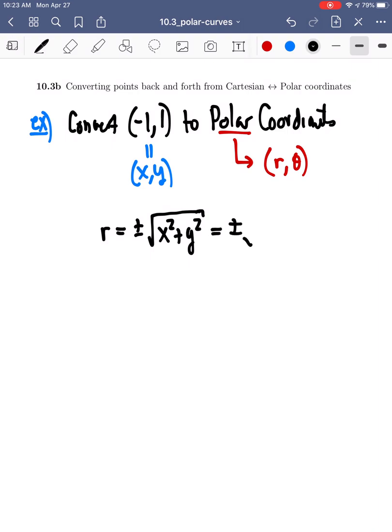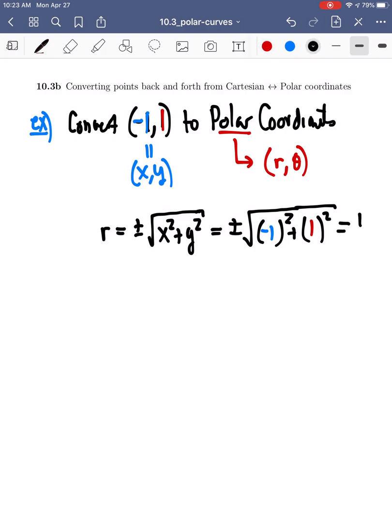So let's just plug in what we know for x and y. So we have plus or minus the square root. Let's make x blue, and let's make y red. So plugging in -1 for x, square it, plus 1 for y, and square it.